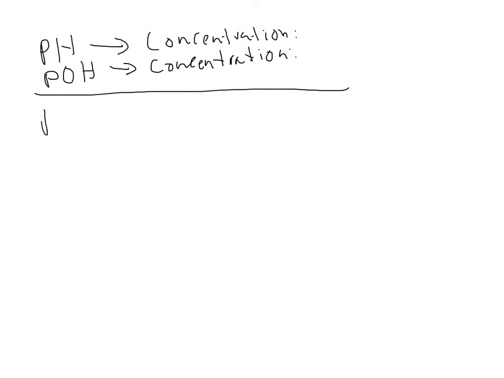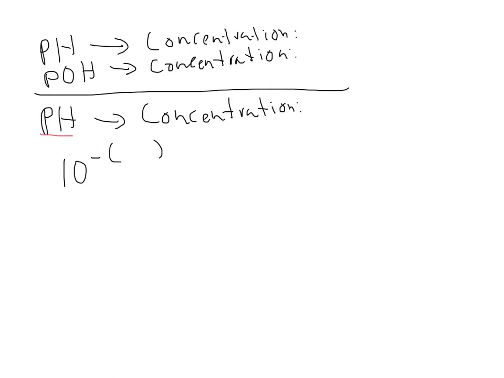So say you have a pH value and you want to solve for the concentration. All you do is the inverse log, which is 10 to the minus whatever that pH given is. That will equal the concentration.